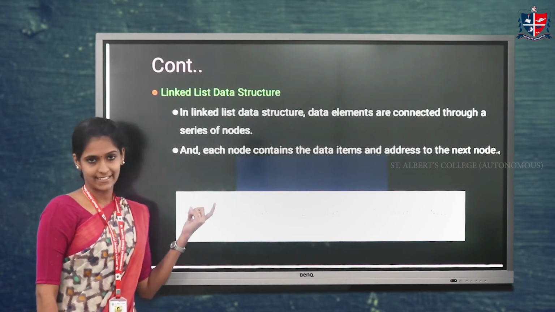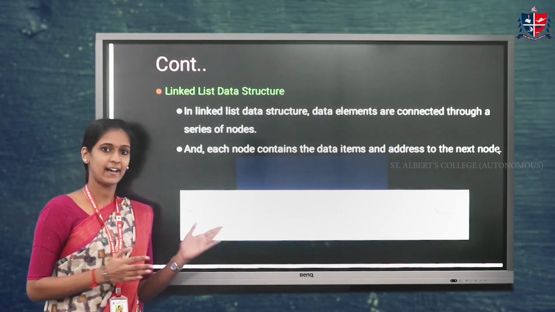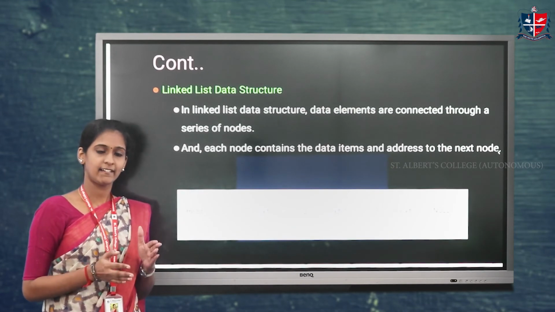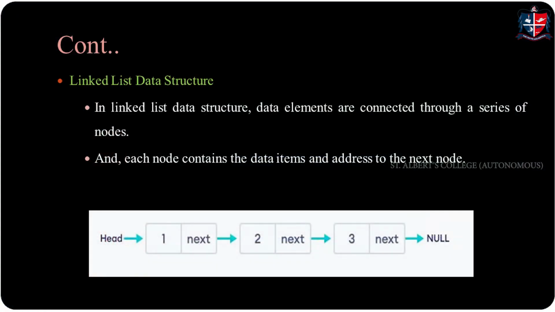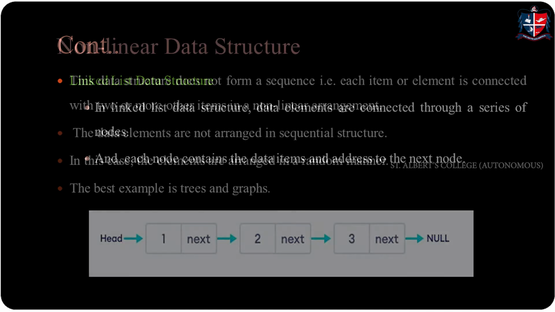The difference between an array and a linked list is that in an array, the data is stored in continuous memory locations, but in a linked list, the data elements are not stored in a continuous manner. They are connected by links. The address of the next node will be stored in the node. So this is about the linked list data structure.